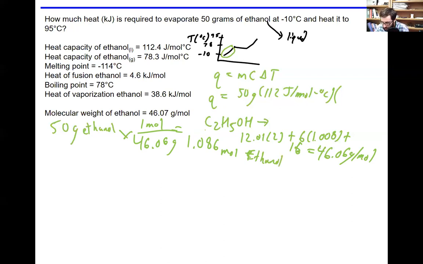Okay, so I'm going to go up here and erase this and put that back in moles now, 1.086 moles. So now my units will cancel. And then my delta T, well, I'm heating it to 78 degrees C from minus 10 degrees C, right? So that would be an 88 degrees C change. So 88 times 1.086 times the heat capacity, 112.